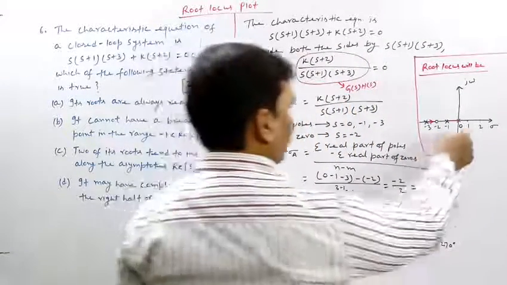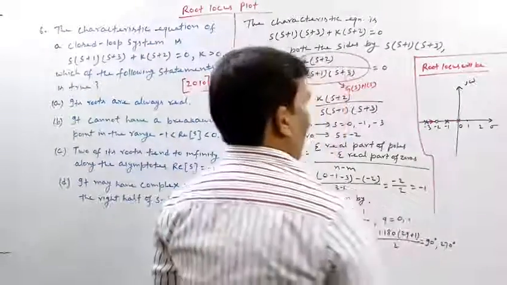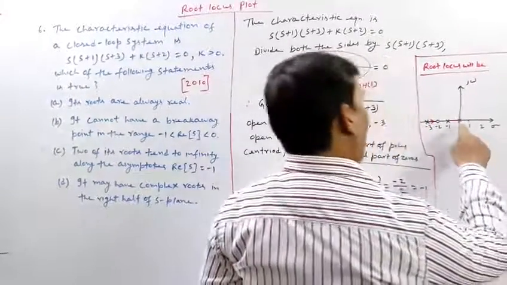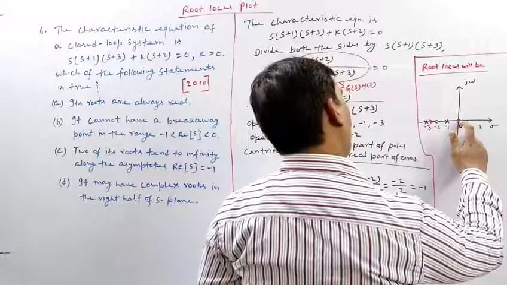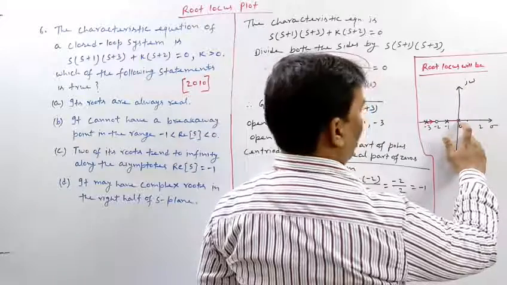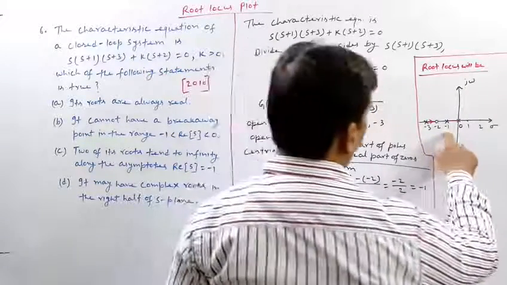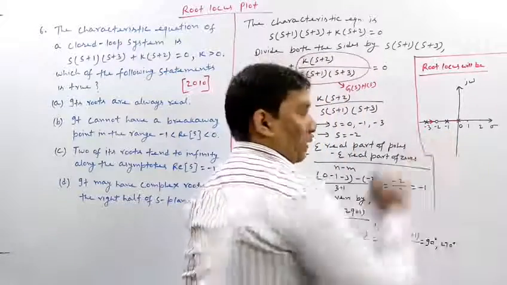Now what about this? Again, here one branch of the root locus will originate from the pole at 0, and another branch will originate from -1.